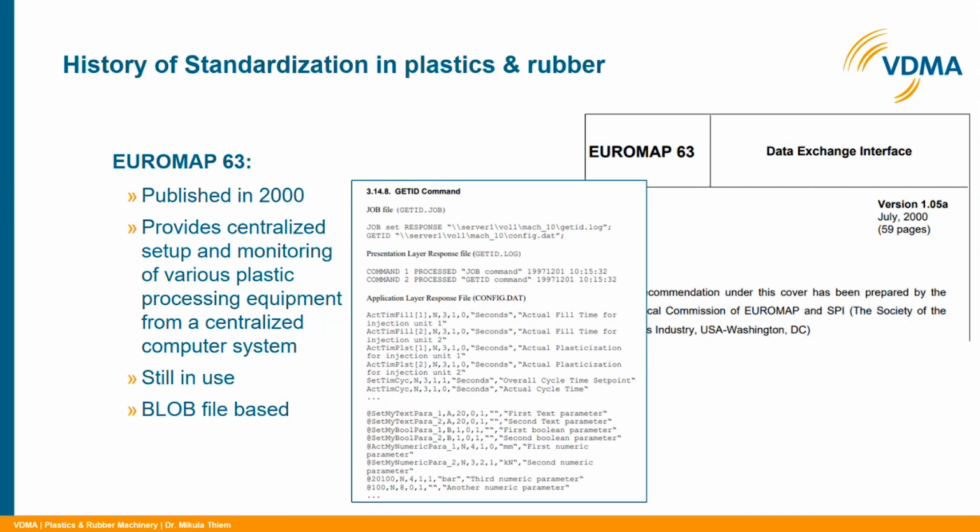You send a request file and you get a response file back with information about the last cycle and every information you need for the production process. And this EUROMAP 63 is still in use today, so you will find all over the world injection molding machines which have the EUROMAP 63 implemented.